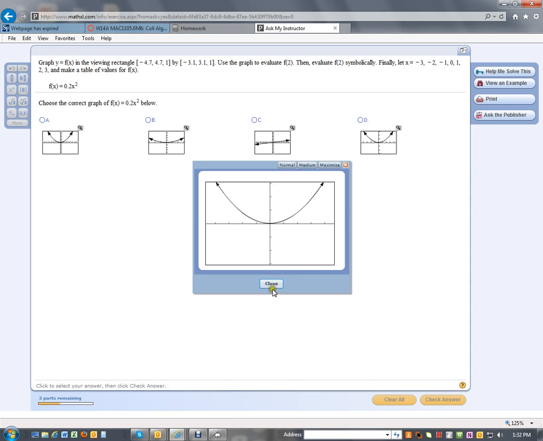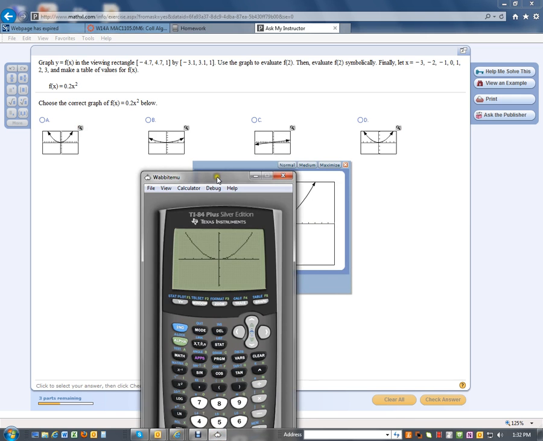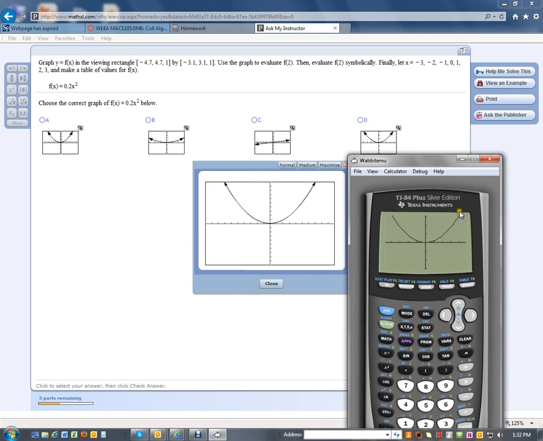On A, you'll notice that there are 1, 2, 3, 4, 5, 6, 7, 8, 9, 10. This is how many hash marks there are with a scale of 1. It is not the same viewing window as what the calculator displays. So this is how I would explain to you if you had a question on your homework.